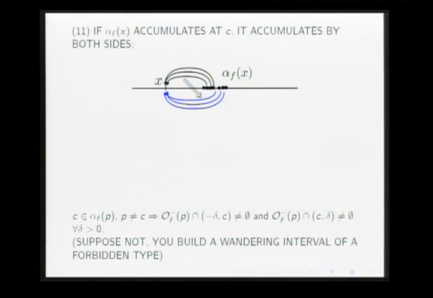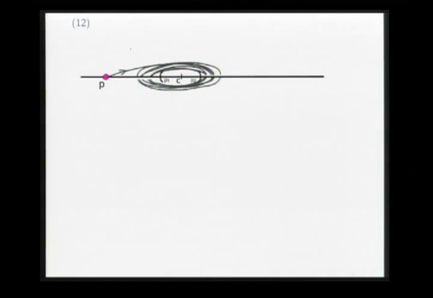If it accumulates in one side, it has to accumulate in the other side. Because if it doesn't happen, if it accumulates away from the critical point by this side, then you can prove this will be a wandering interval. And a wandering interval cannot be like this, okay? Because of that remark we made before.